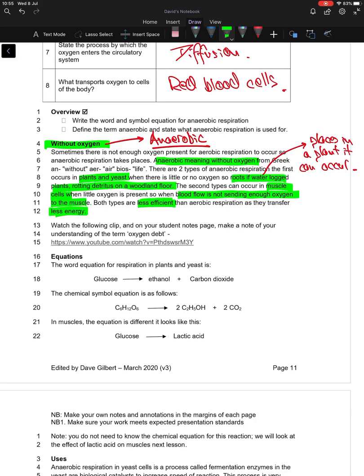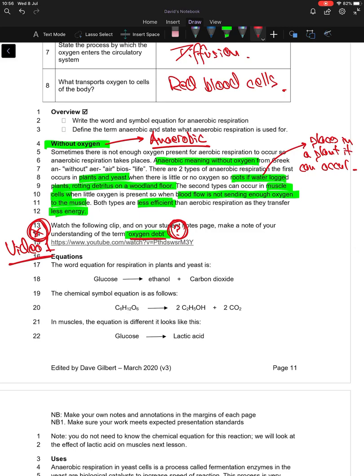So watch the following clip on your notes page, make a note of your understanding of the term oxygen debt. So that's the first thing I'd like you to do. Pause the video. From the description box below, watch the first hyperlink for video 1. And can you find out and make a note of what you understand oxygen debt to be? Once you've done that, we'll just go through it together in a moment, okay?